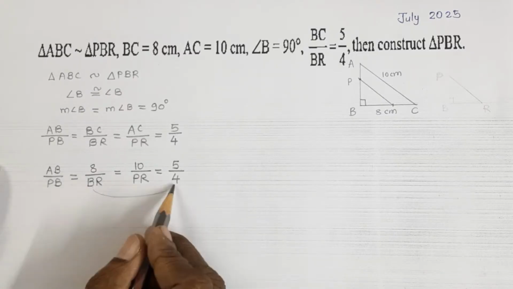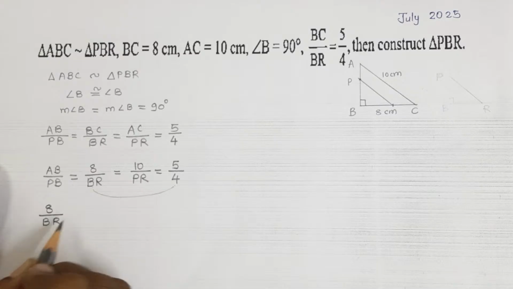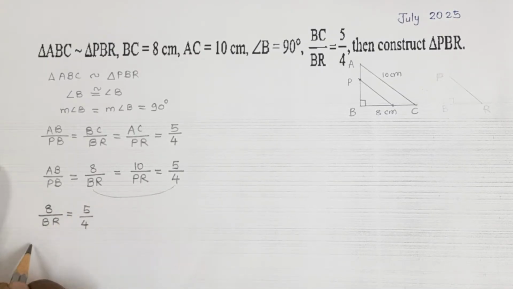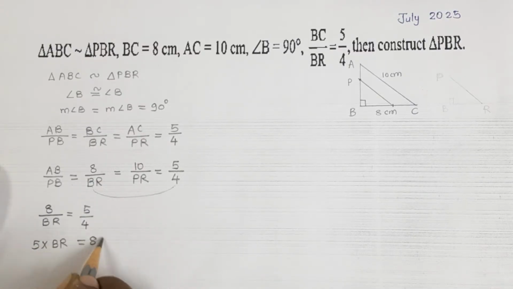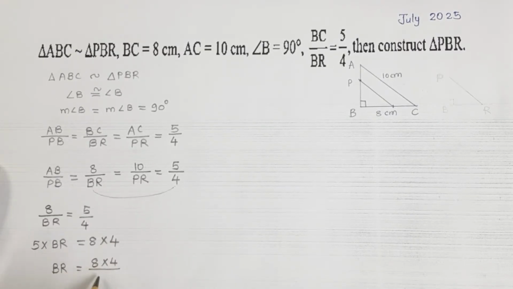So here I take these two ratios. So 8 upon BR is equal to 5 upon 4. Okay students, that means by cross multiplication 5 multiply BR is equal to 8 multiply 4. That means BR is equal to 8 multiply 4 upon 5.